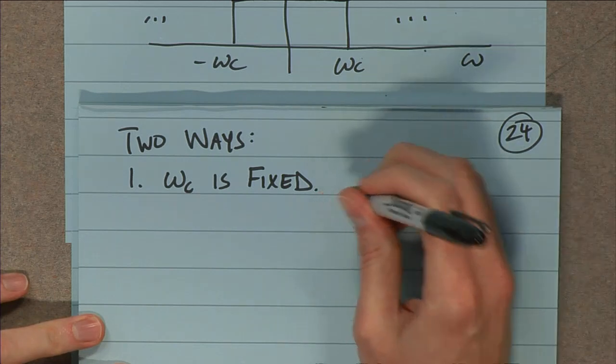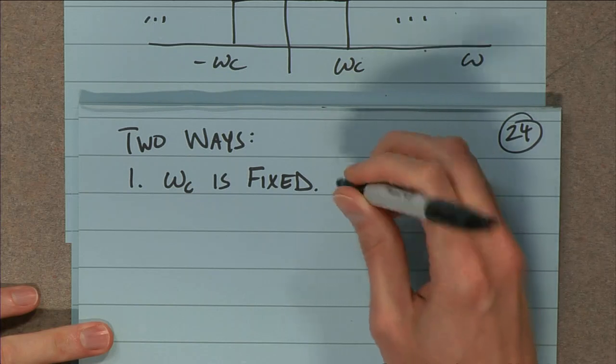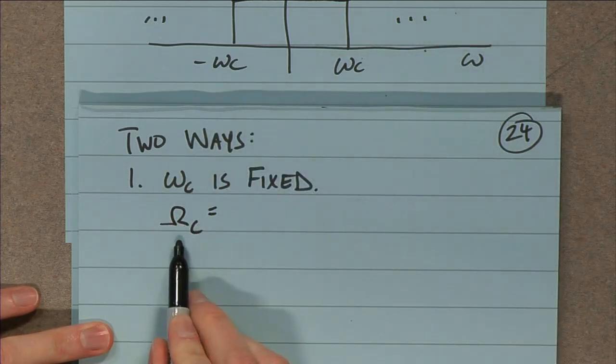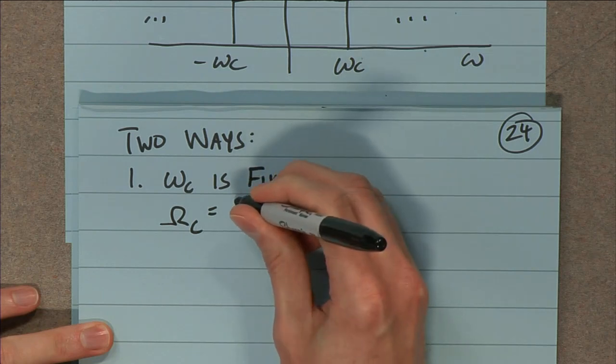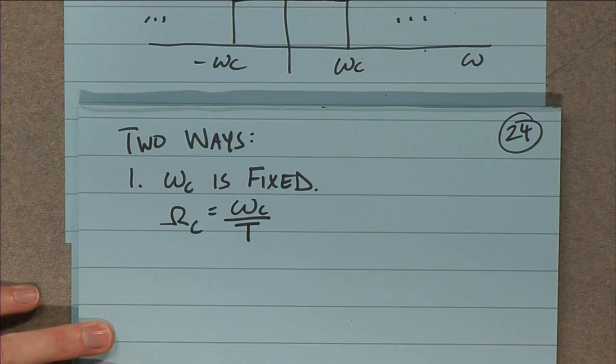So to do that, let's think of it as, we know ω_c is what? There's this relationship, right? And we can't change small ω_c, that has been dictated. So we have to change cap T to get what we want, right? So let's think of an example.